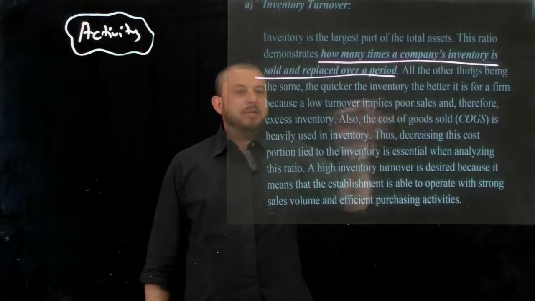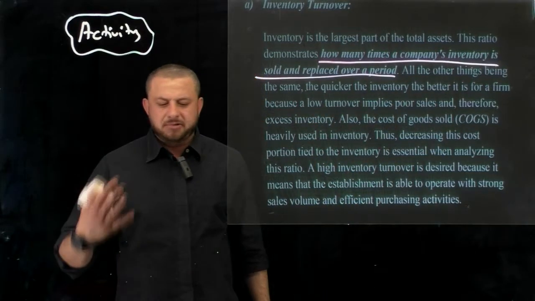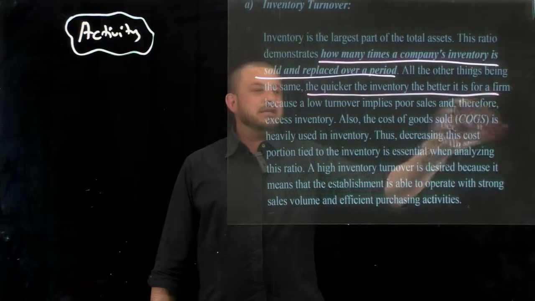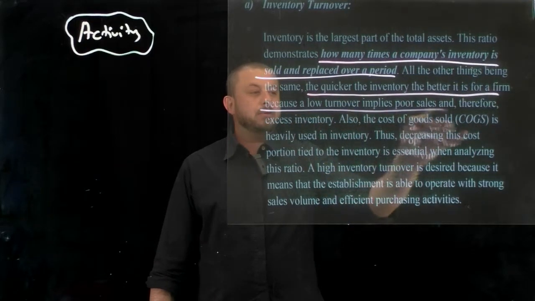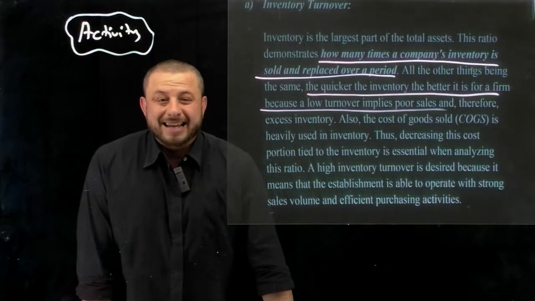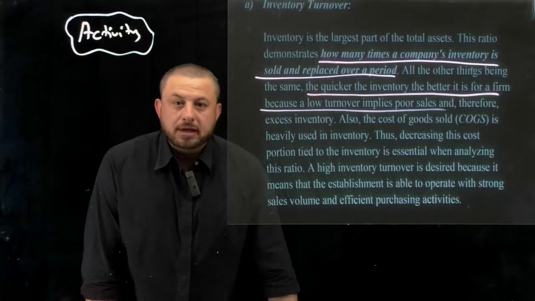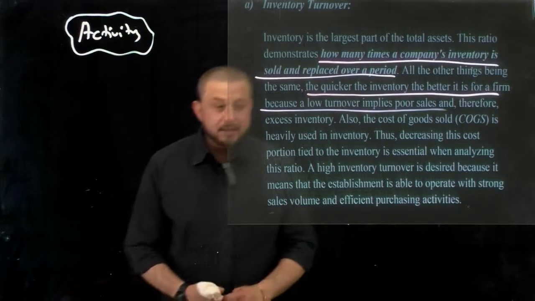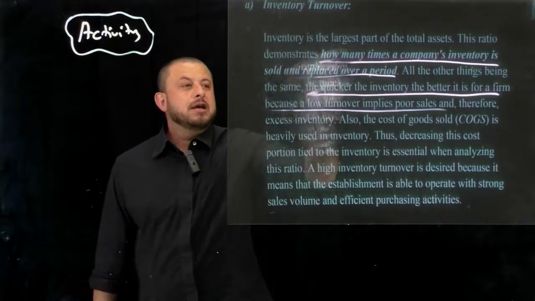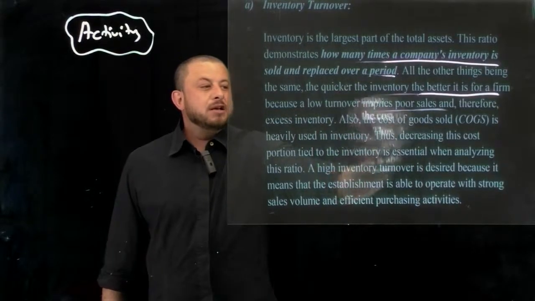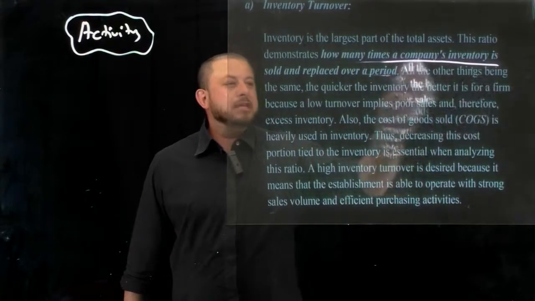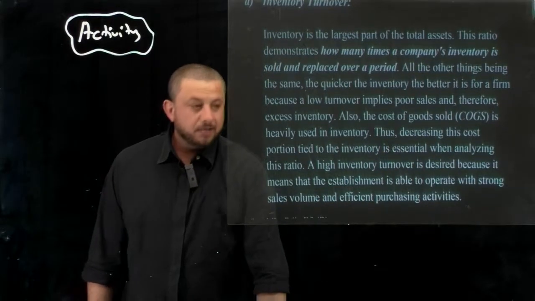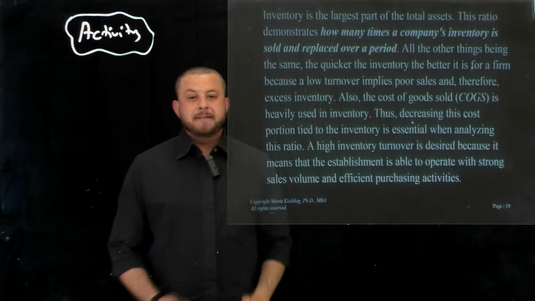All other things being the same, for example, customer traffic, we're going to ignore seasonality and all that. The quicker the inventory turns, the better it is for the firm, because low turnover implies poor sales, therefore excess inventory, which is not sold and which is not good at the end, okay? Therefore, we need quicker inventory turnover, so that means we are selling fast, we are selling more, we are using our inventory, we are replacing the old inventory with the new ones, we are turning it over, and it is very important.